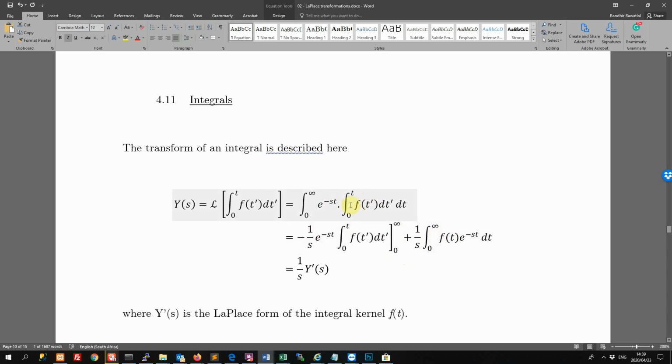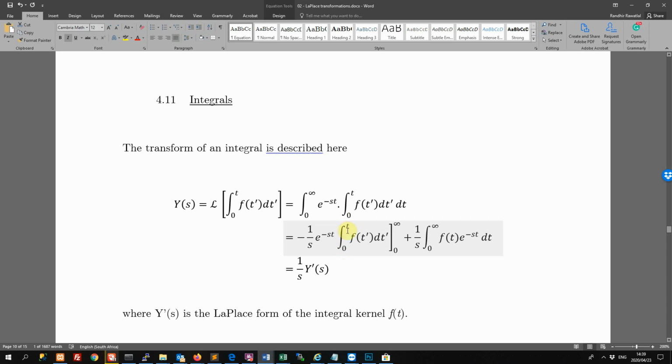And then we multiply that by the integral of this, which is minus 1 over s e to the minus st. And then we move the 1 over s out here, and the minuses cancel, and we bring in the e to the minus st here. And here at infinity, it's e to the minus infinity, which is 0. At 0, well, in fact, at 0, we are integrating 0 to 0 here.